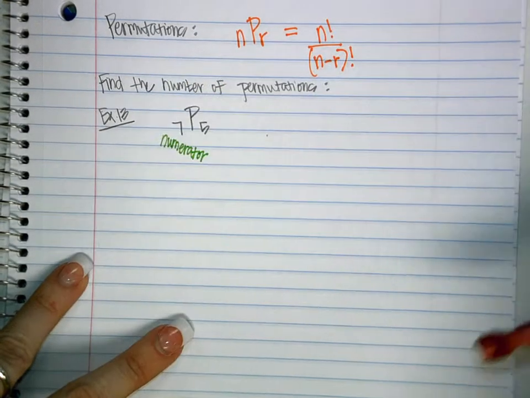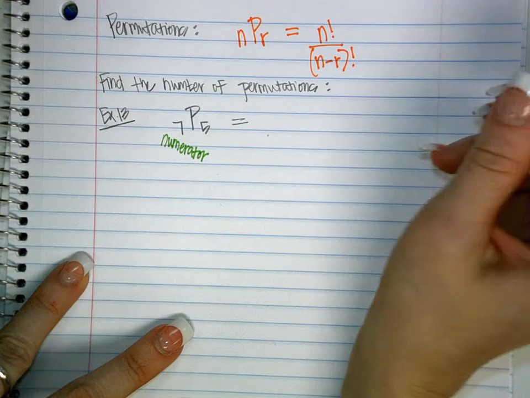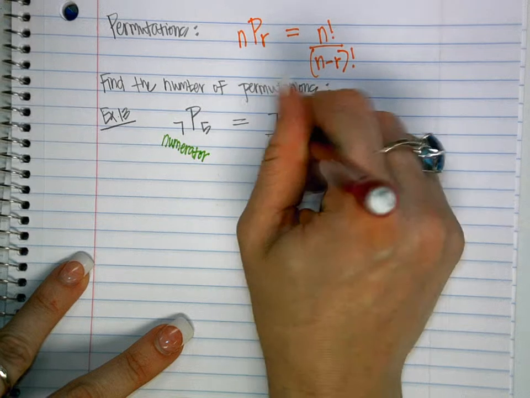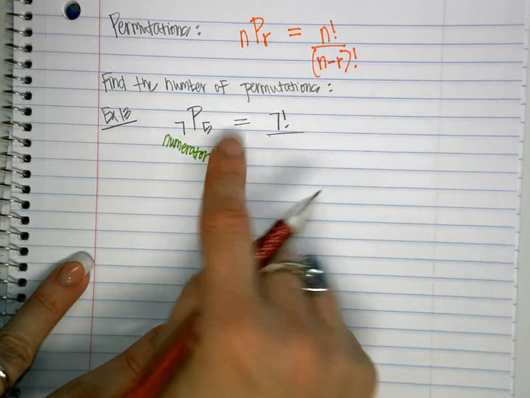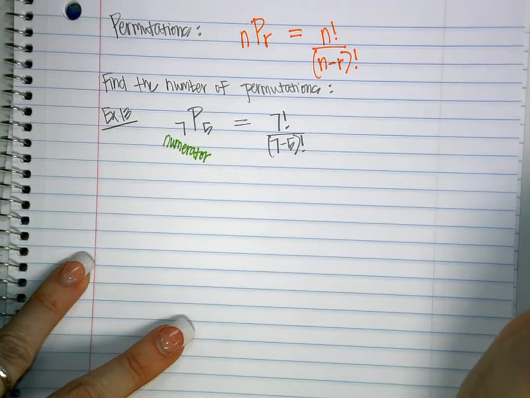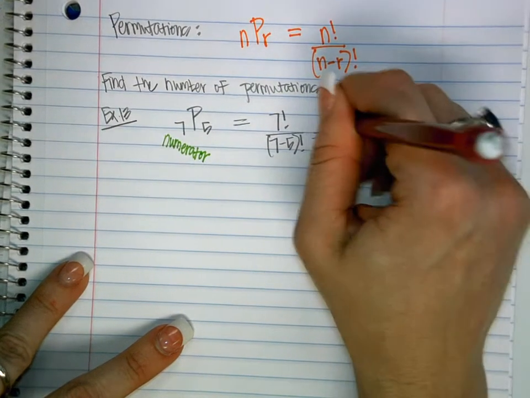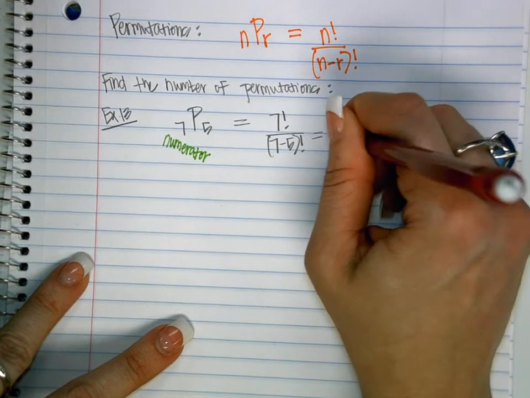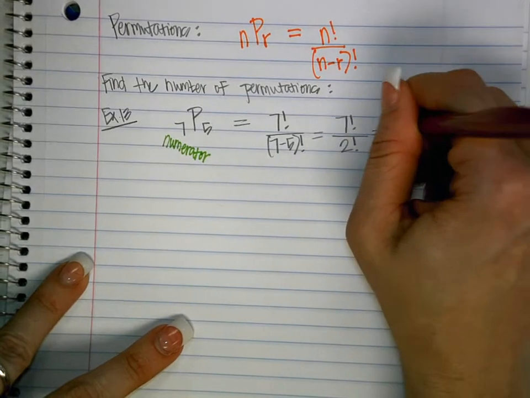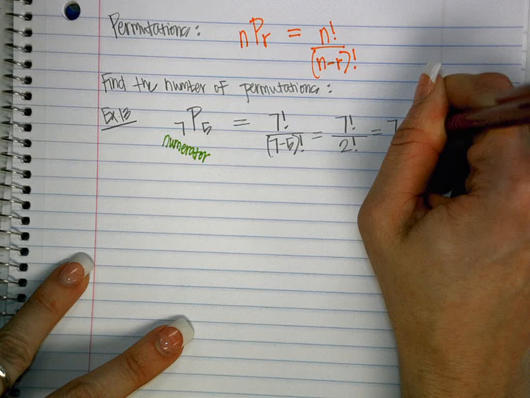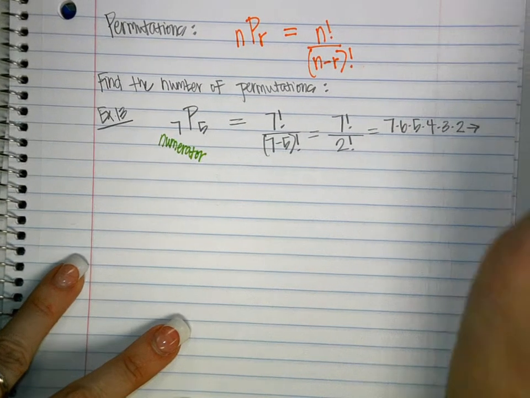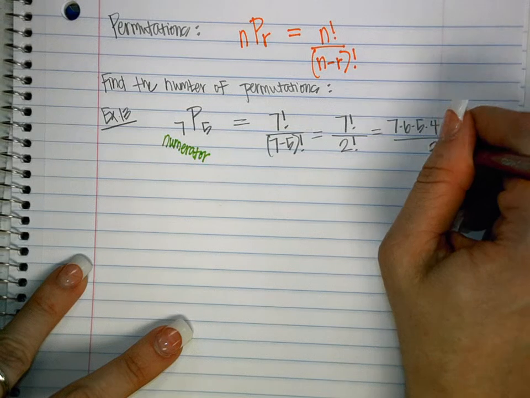If we plug this into that formula, you always take the first number factorial, so 7 factorial, divided by the difference between the two, so 7 minus 5 factorial. If we work that out, that's 7 factorial divided by 2 factorial. If you write that all out, 7, 6, 5, 4, 3, 2 and below, divided by 2 and below.